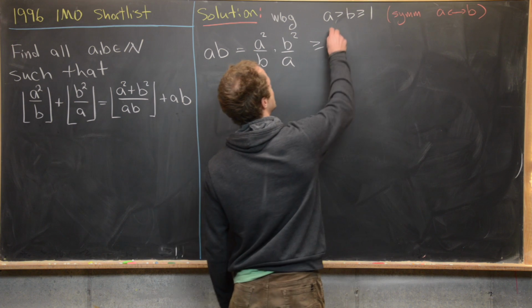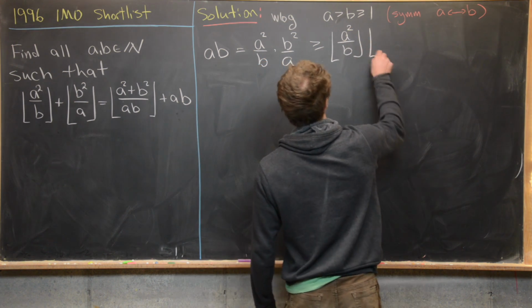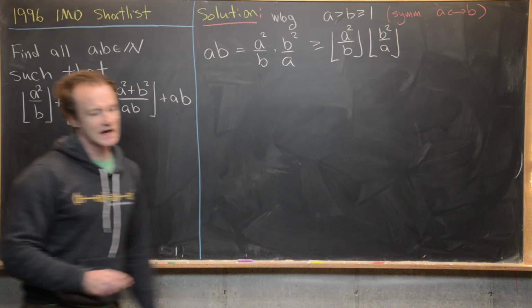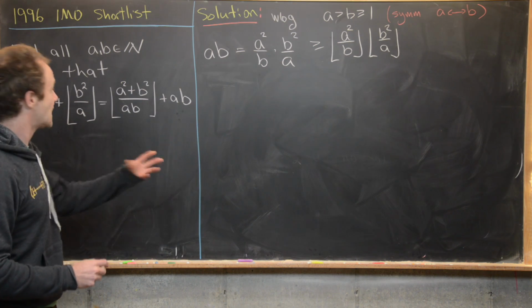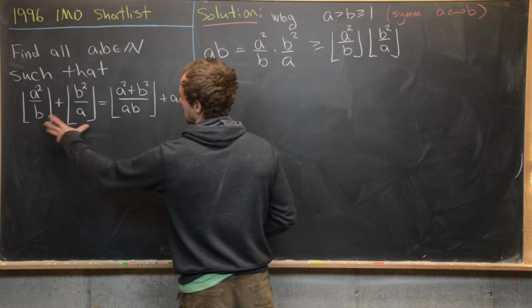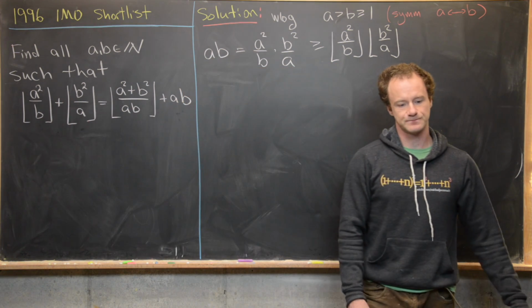So this is going to be bigger than or equal to the floor of A squared over B times the floor of B squared over A. And that's actually really good news because now we've got an inequality relating parts that are inside our original equation.